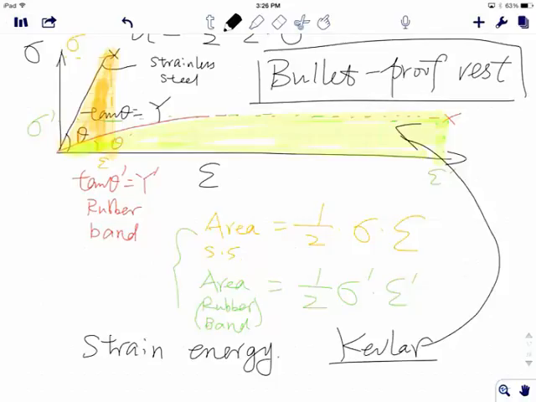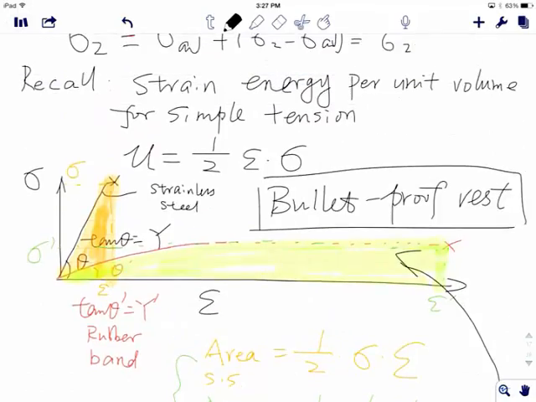Whenever you do a stress strain measurement, you can estimate how much energy has been stored inside. If you're interested, I can go into more detail on the fundamentals, but I think it's not necessary. It's too complicated.